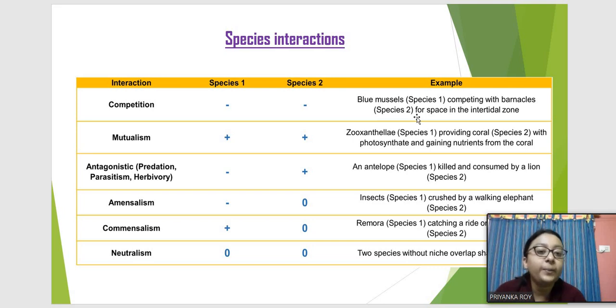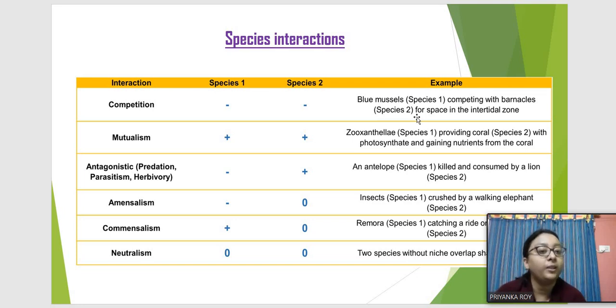So an example is given here, like zooxanthellae providing the coral with photosynthate and gaining nutrients from the coral. So zooxanthellae are giving the corals some kind of food. Photosynthate means whatever food they have prepared by means of photosynthesis.